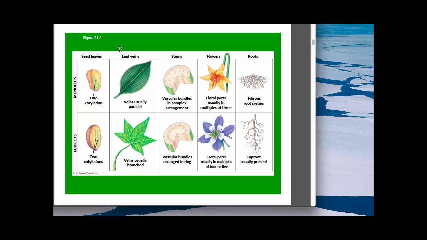We can look at the leaves themselves after they've grown on the plant. In monocots, we have these kind of parallel leaves, but in dicots, we have these branched leaves. If we look at a cross-section of the stem, so if you cut down this plant across its stem, what would it look like on the inside? We focus on things called vascular bundles. In you, your vascular tissue is cardiovascular, so transporting blood around your body, carrying nutrients and waste.